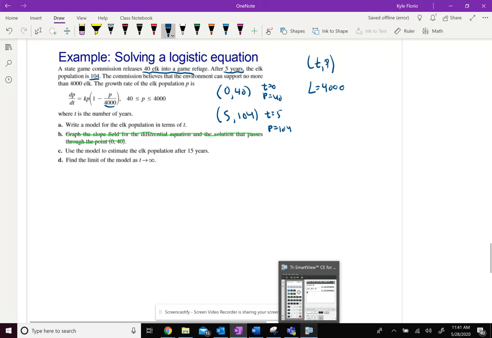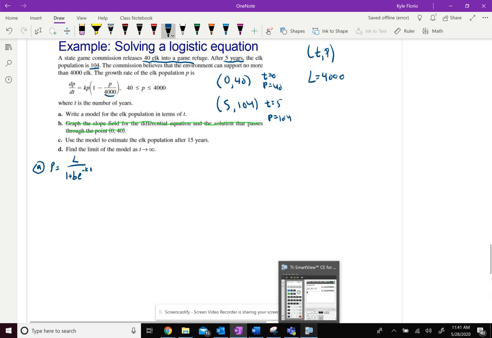And we want to write a model for this. The model for our population, when we solve this differential equation, is L over 1 plus B e to the negative kt. And we need to find out what L, B, and k are, and I know L is 4,000.